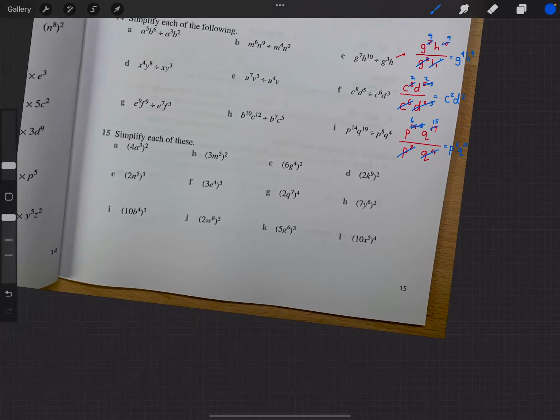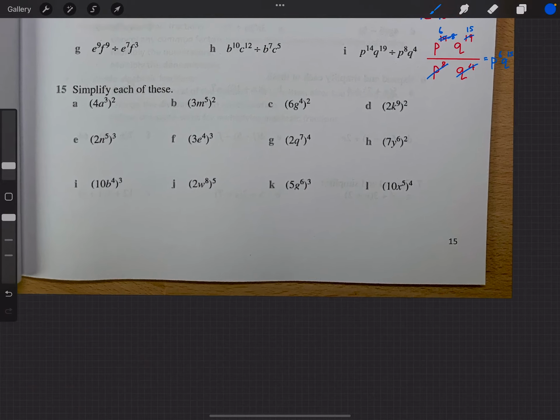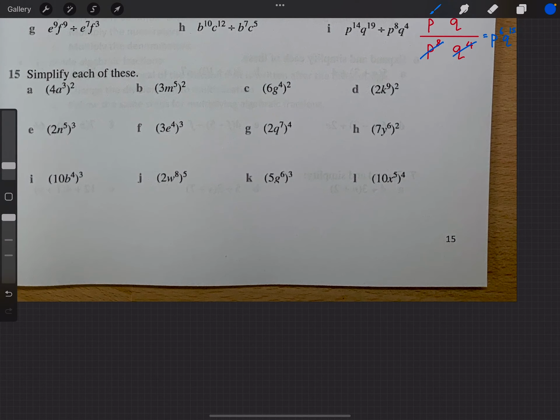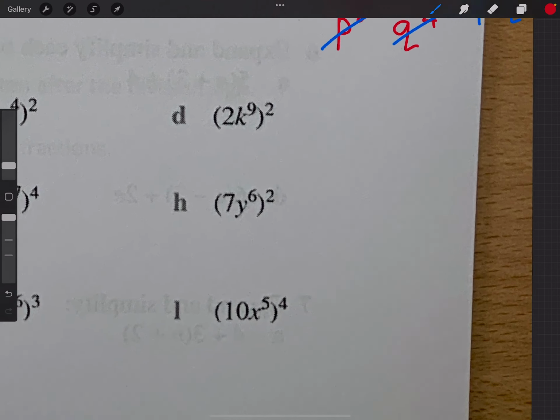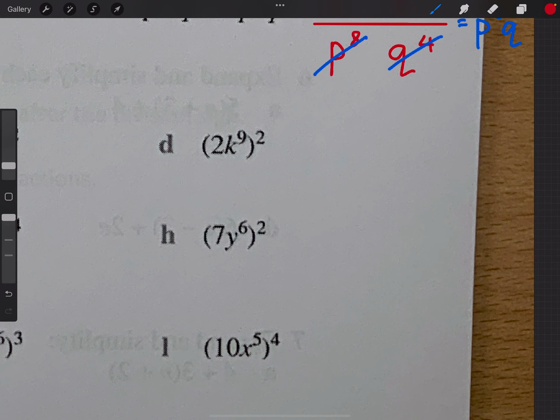Okay, so I'm just going to show you a couple of ways. Next one, question 15 says simplify each of these. According to the index law, if you have a to the m and the whole thing is to the power of n, in brackets, we just multiply the powers. So we have a to the m times n.